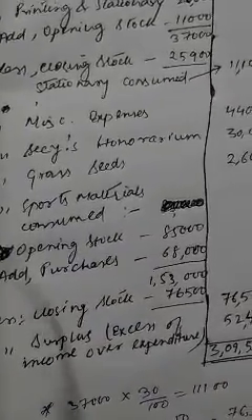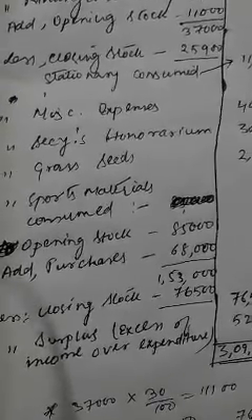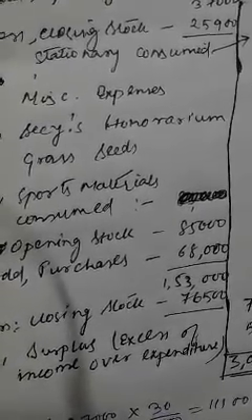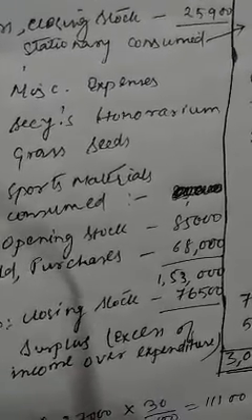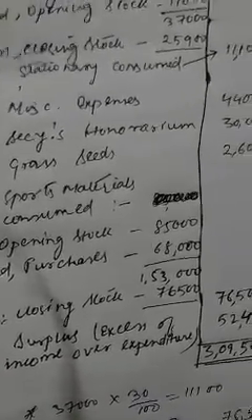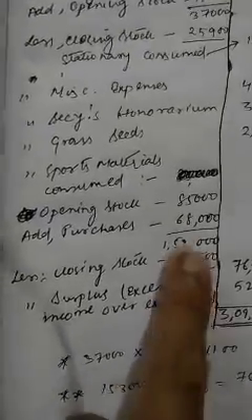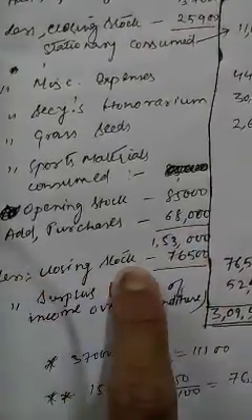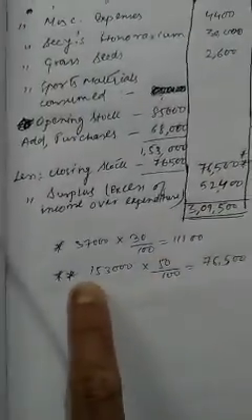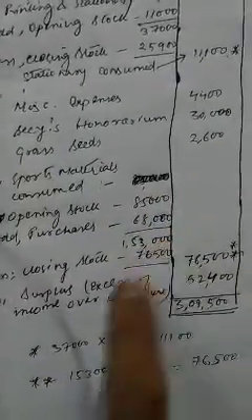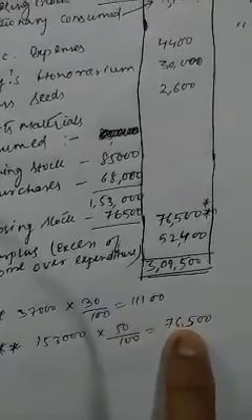With that I have added purchase, that is 68,000. In the payment side you will see purchase of sports material 68,000, I have added, so it is coming to 1,53,000, and then I have deducted closing stock. See, 76,500 double star. Why? Here I have written that 1,53,000 into 50% equal to 76,500.